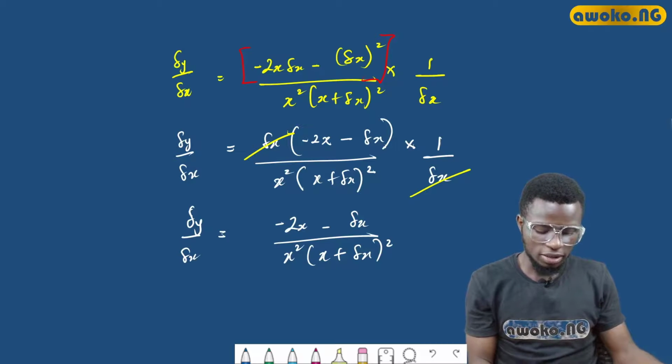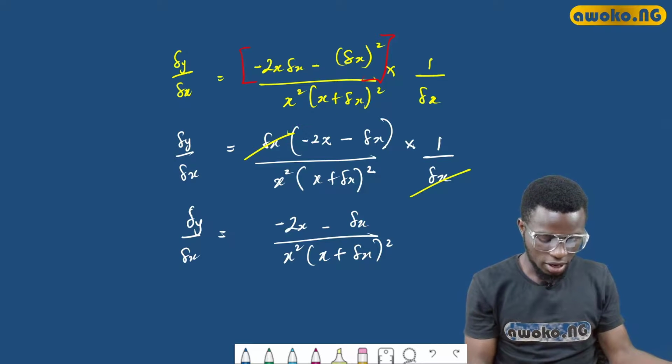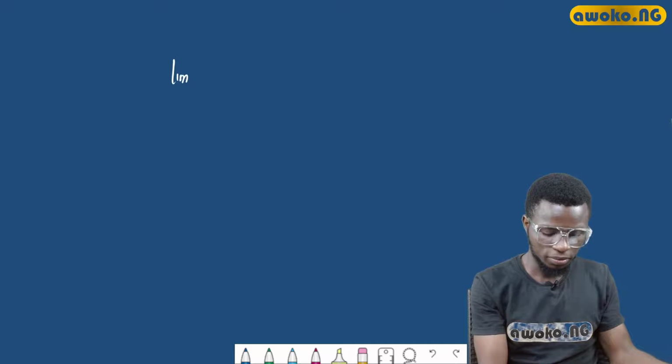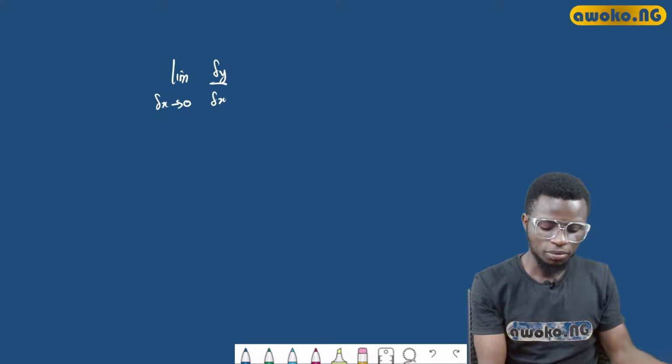Now, the next thing to do is to take the limit of both sides. If we take the limit of both sides, I would have the limit of δy over δx as δx tends to 0, which gives us dy over dx.